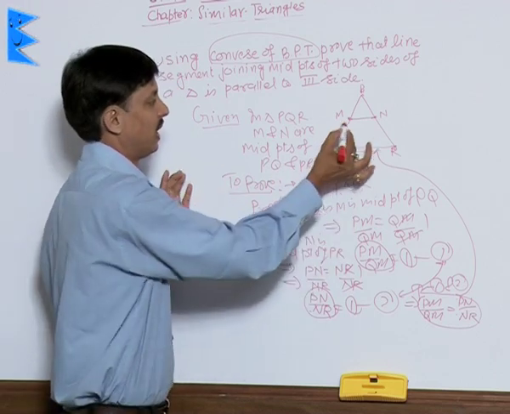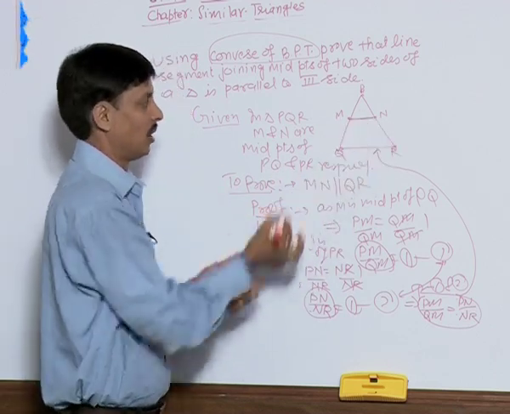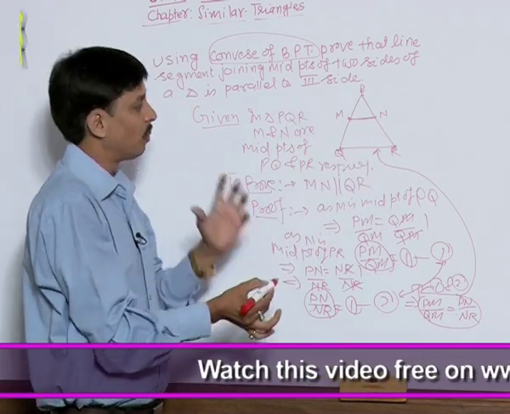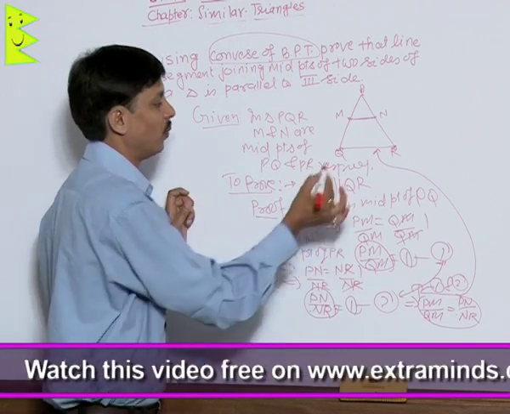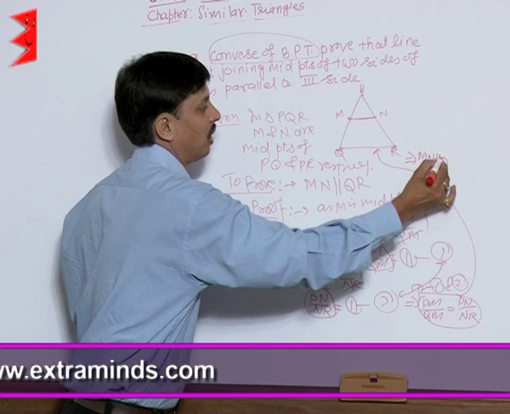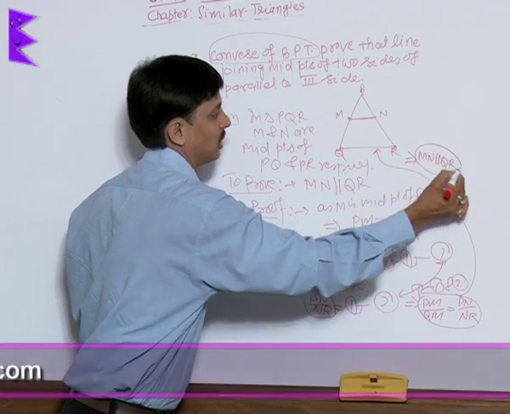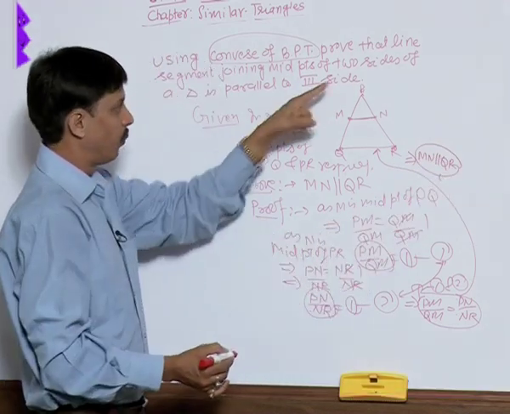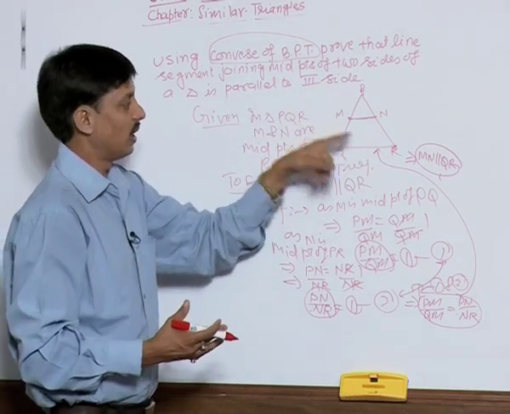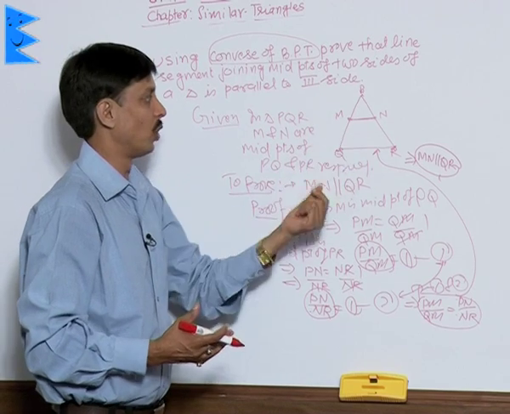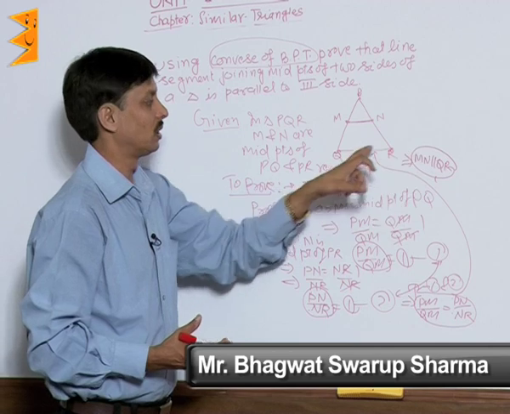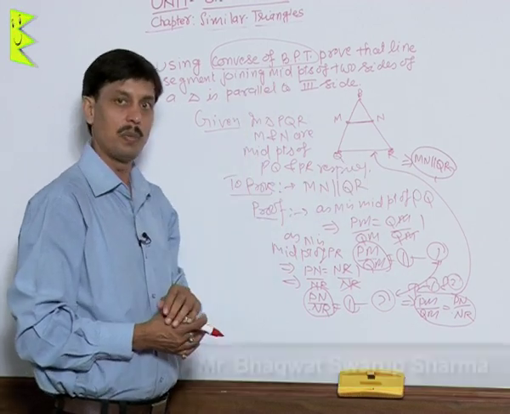We are finding that MN is such a line segment which is dividing PQ and PR in equal ratio. So by the converse of BPT, we can say that line segment MN is parallel to QR, that is the third side of the triangle. So very conveniently, we have shown that in a triangle, the line segment joining the midpoints of two sides is definitely parallel to the third side by using the converse of BPT.